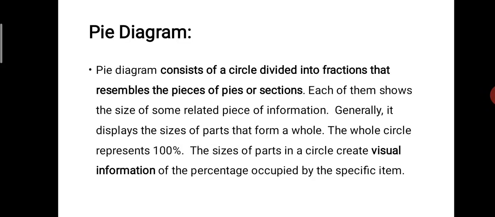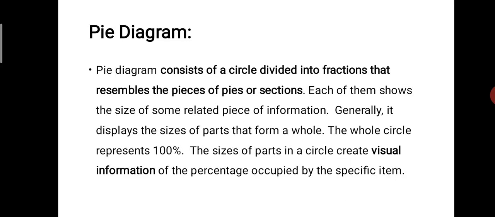See, pie diagram. A pie diagram consists of a circle divided into fractions that resemble the pieces of a pie or sections. Each of them shows the size of some related piece of information. Generally, it displays the sizes of parts that form a whole. The whole circle represents 100%.